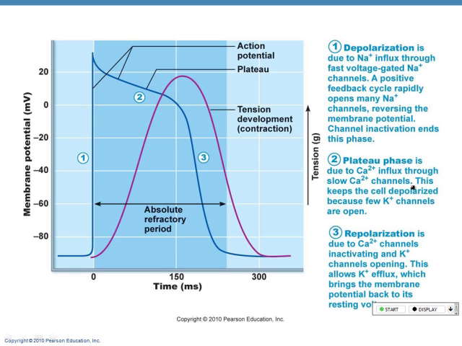Same thing here with this cardiac muscle cell, except we're going to see a much longer refractory period or plateau. That's what allows these cells to constantly contract and relax. So the chemistry happens and gets back and can happen again because of that plateau. So we see it a little bit different to tracing when we look at the chemistry that's going on in a cardiac muscle cell versus a regular old skeletal muscle cell.